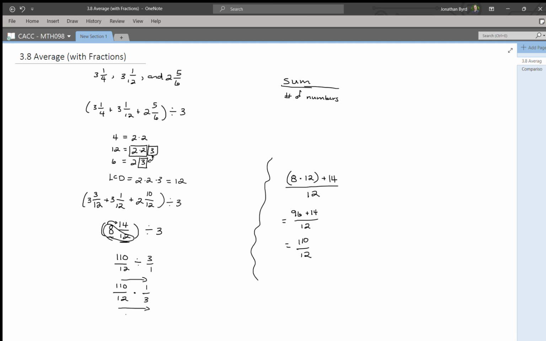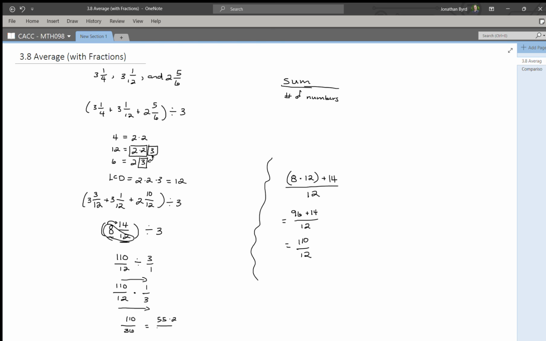So 110 times 1 is 110. And then 12 times 3 is 36. Okay, so then that looks pretty good, except for the fact that I know that both of these numbers are even. So that means that I should be able to pull a 2 out as a prime factor. So if I did that, that would be 55 times 2.